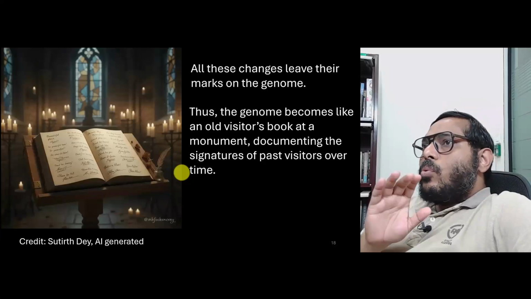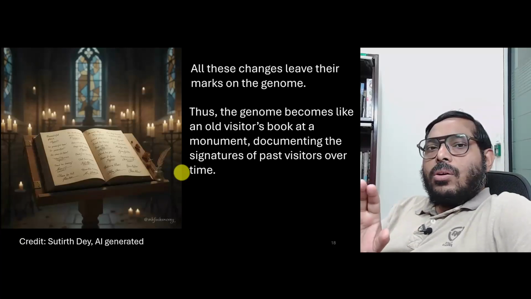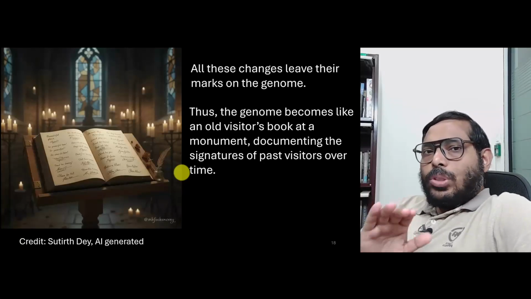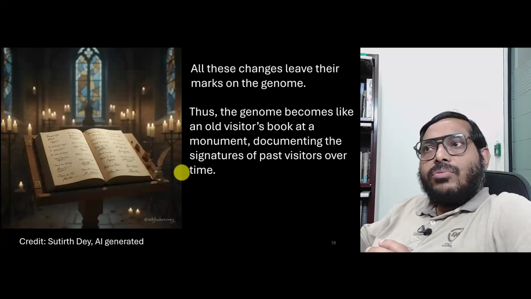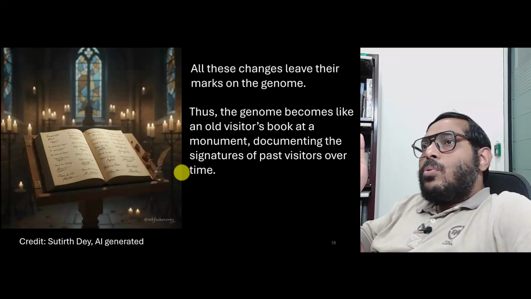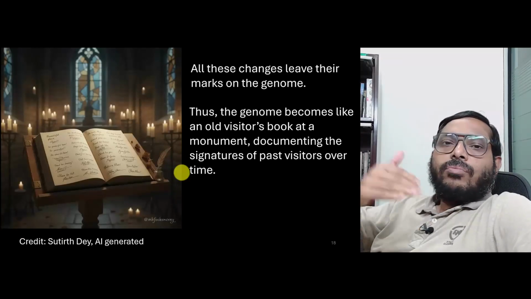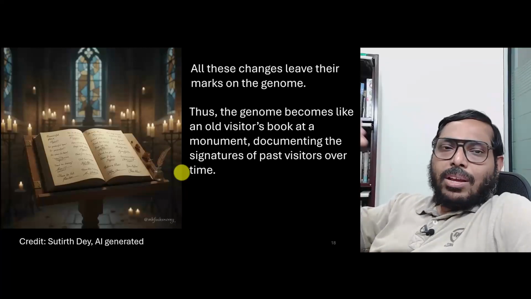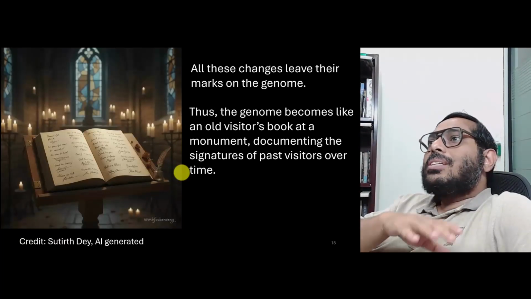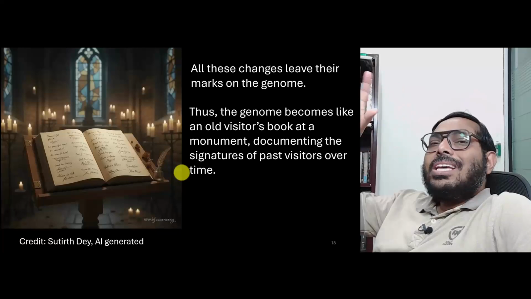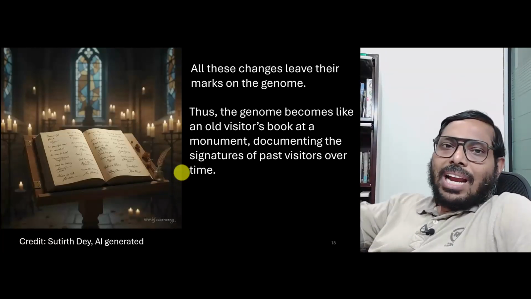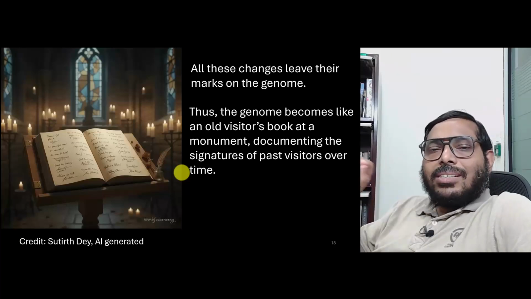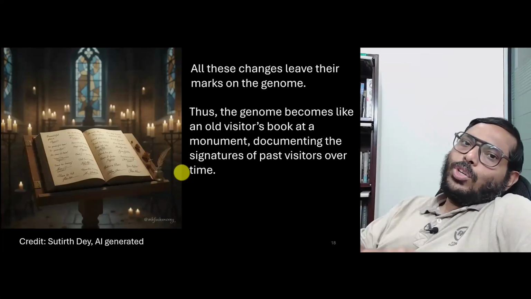And if you are able to read and understand those patterns, it tells you a lot about how that organism's genome has evolved. And when you put that in the context of other species, other close relatives of that organism, you can see how the whole history of evolution has proceeded in the context of that lineage. You can see all those patterns written in the code of the genome.